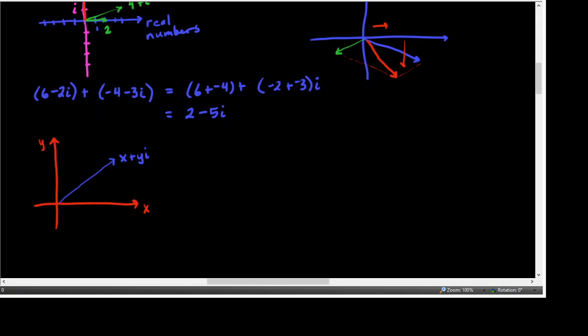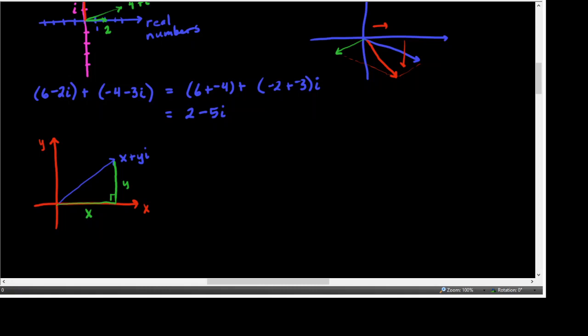Of course, what that means is that from the origin, we've moved x in the real direction, so that's a distance of x, and we've moved y in the vertical direction. That's how far we've gone in the i direction, is y.